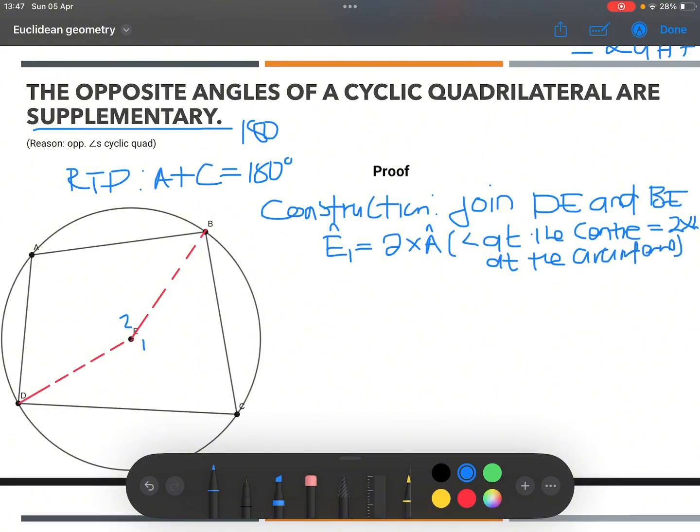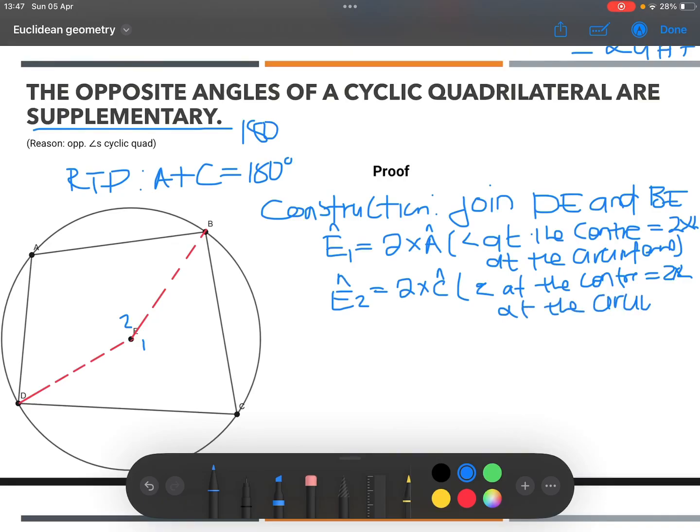And then the second part, we're going to look at E2, which is equal to 2 times angle C. The very same thing, angle at the center is equal to 2 times angle at the circumference.